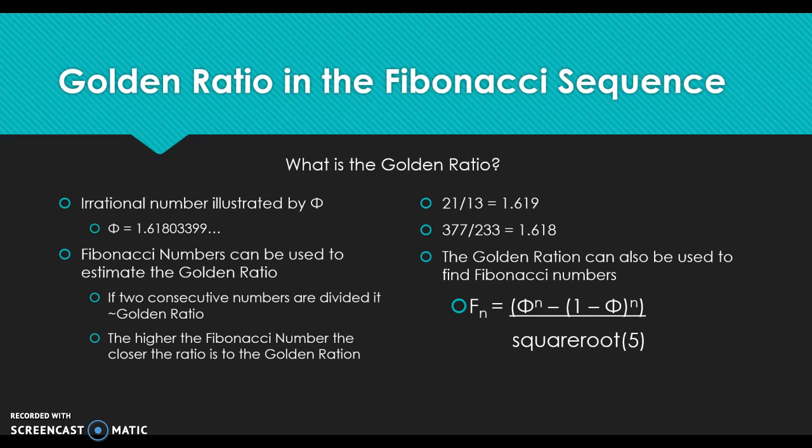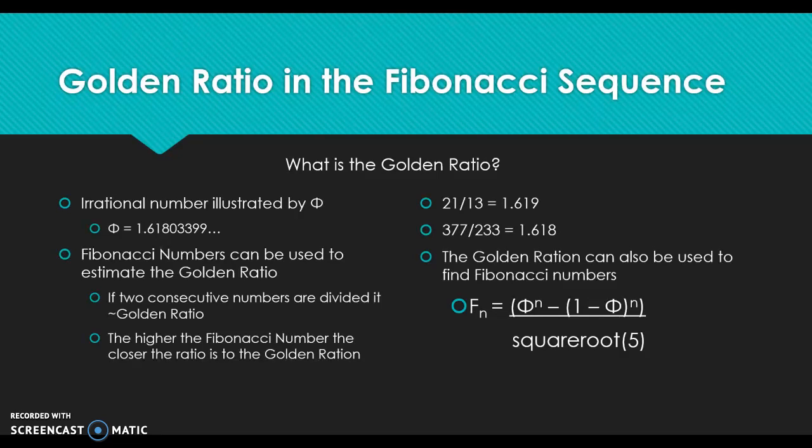First of all, the golden ratio is an irrational number that is often used for visual aesthetic, and it's used a lot. It's an important number, and its importance is because it's irrational. It's illustrated by phi and is about 1.618, we'll say.